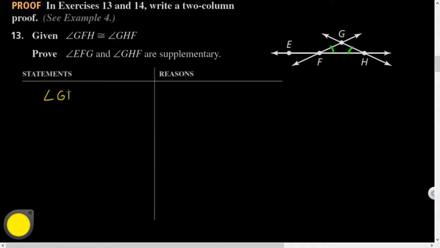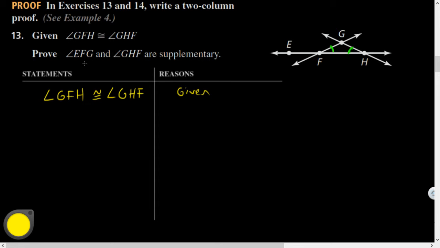So I'm going to write that angle GFH is congruent to angle GHF. And labeling it in your sketch is a good idea as well. And the reason that's true is given. So if on our test we happen to have a write-your-own proof, which you won't, besides the algebraic reasoning kind, you should at least start with your given. That's a good place to start.